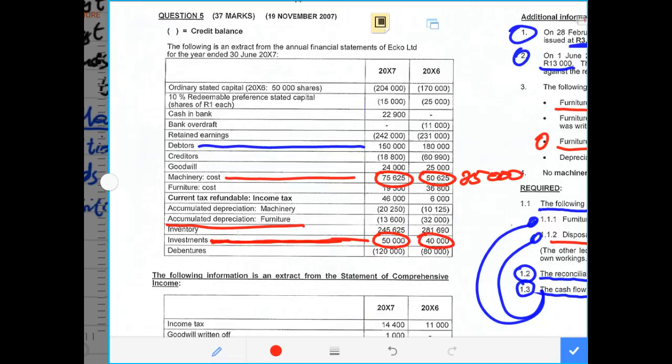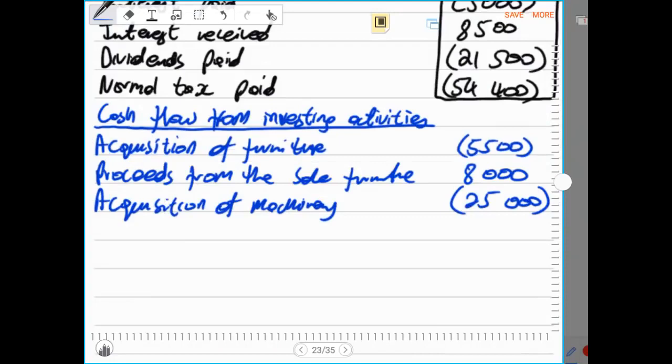We see that our investment increased by 10,000 rands. That means the company took money out of the business and invested it in the current year. So that 10,000 rands will be recorded as money going out of the business and it was invested.